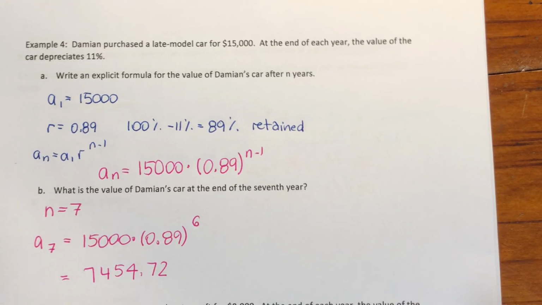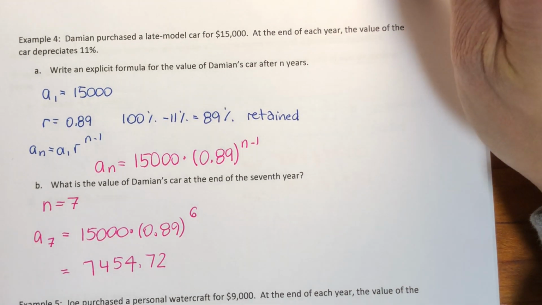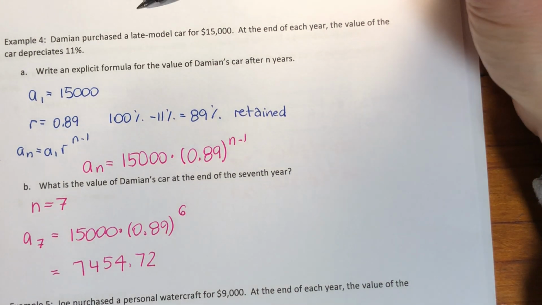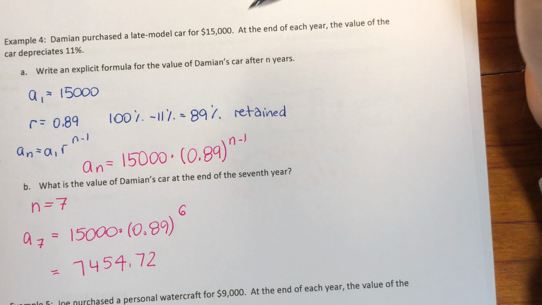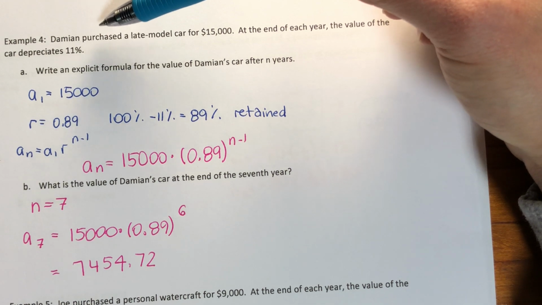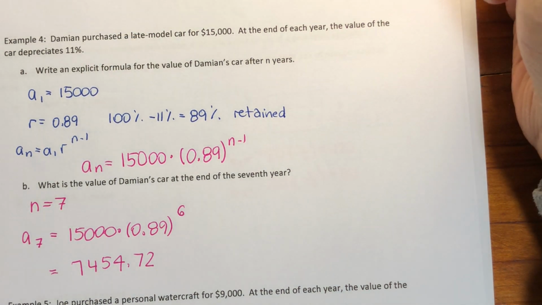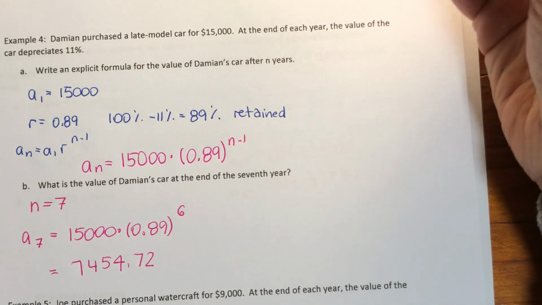There are a lot of applications for the geometric sequence, and this one is interesting, just the way it's written. Somebody purchased a car for $15,000, and at the end of each year, the value of the car depreciates 11%. You can look that up if that's a true statement. Well, they are telling us it is for this particular problem.